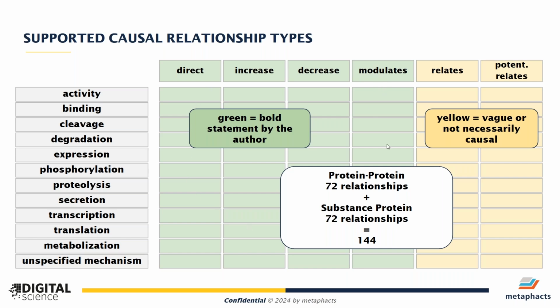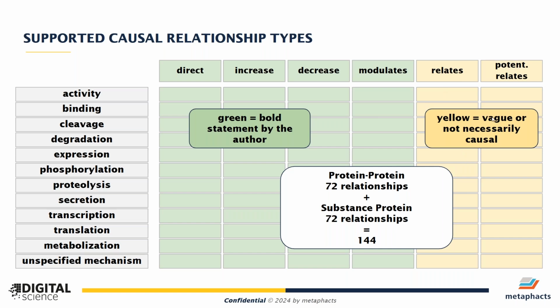And these green type of relationships, these are the more bold statements by the author, where the author said, oh, A is doing this to B. But then we have also the yellow ones, where the author says something like, potentially it does something, A does something to B, or there's such a complex sentence where it's really hard to say how are the things related to each other.